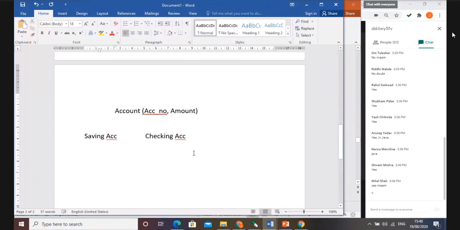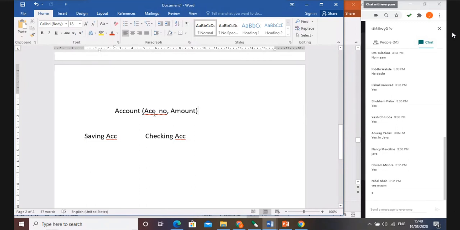But when you say they are two different types of account, on what basis are they different from each other? Are you all agreed that these two are different accounts in a bank? Then you need to show at least one attribute with these two entity sets which is not common to both.